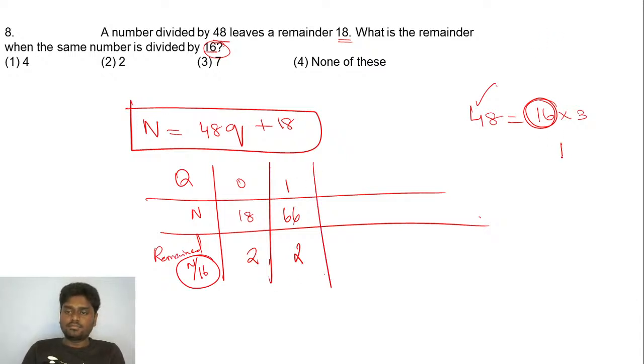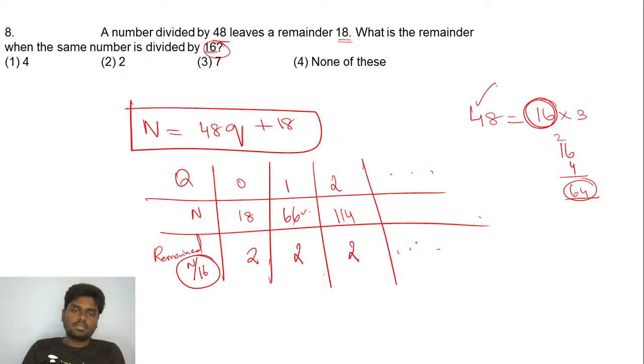How does it happen? 16 into 4 gives exactly 64. So the remainder is again 2. And if you go with 2, 48 into 2 will give you 96. 96 plus 18 is 114. Again, the remainder 2 is what you're getting.